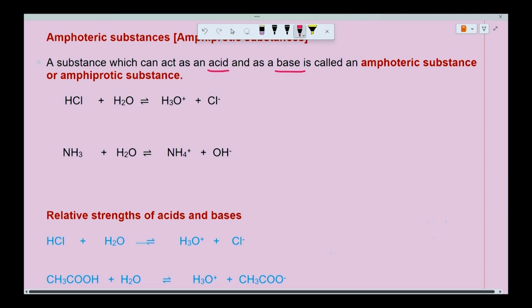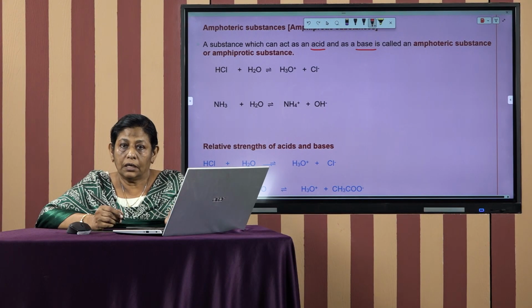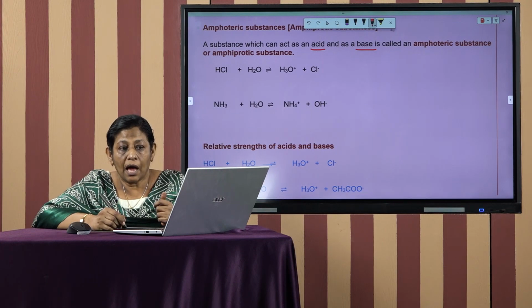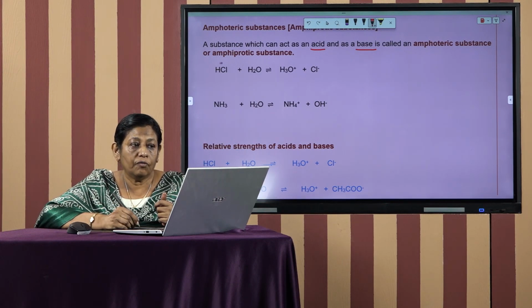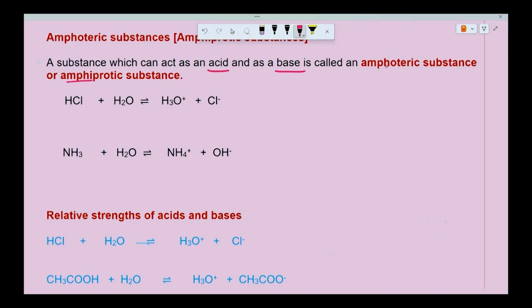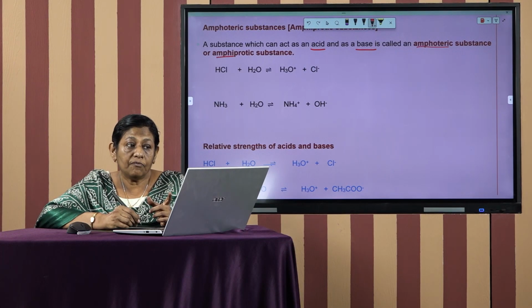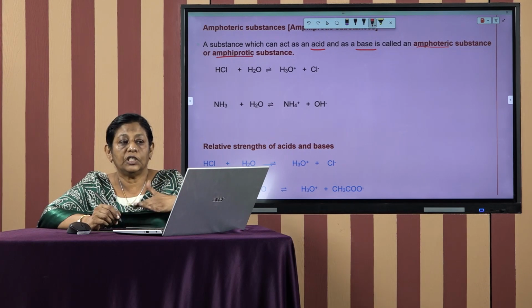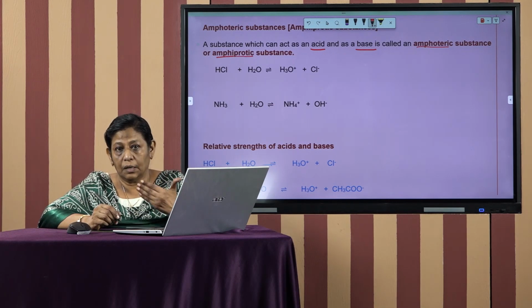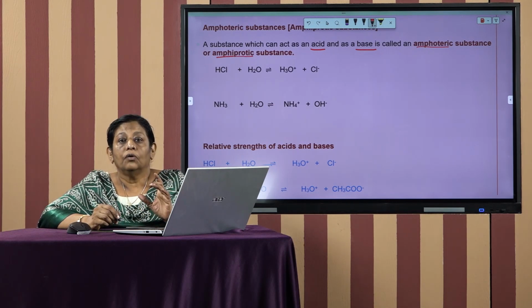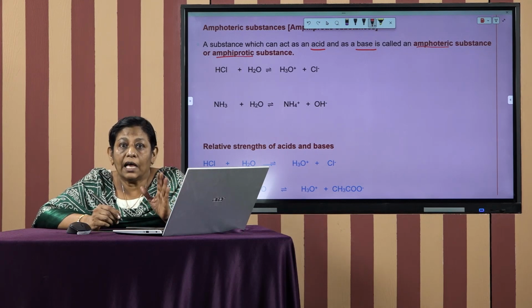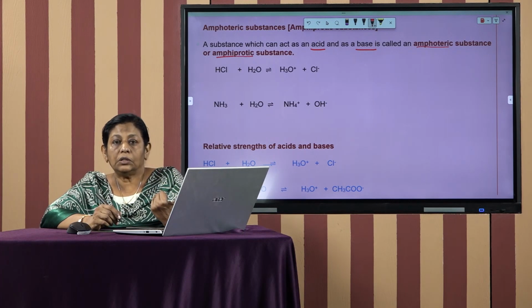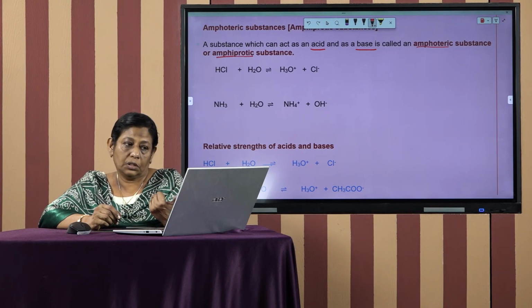We have heard of amphibians which can live both on land as well as in water, just like that amphiprotic substances, or we call them amphoteric substances, and here amphiprotic stands for proton. So, these are substances which can act as an acid and a base, or you can say which can donate a proton as well as accept a proton. Such substances are known as amphoteric substances.